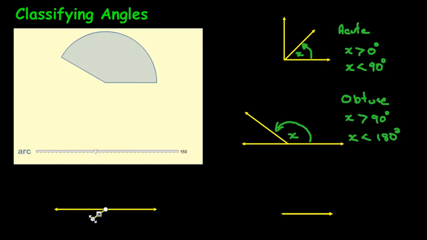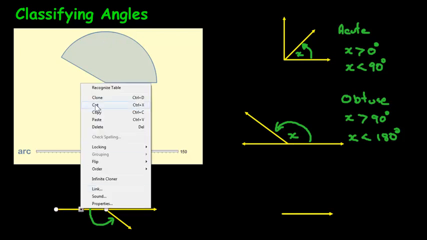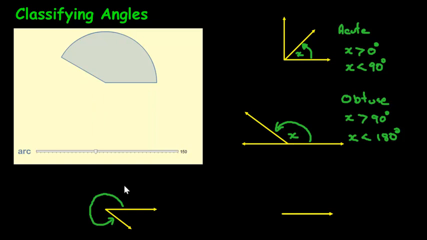So they can't make up a full circle. So if I go to here, for example, I can make up a reflex angle that goes right around here. Like that. There's our reflex angle. So what we might do is we'll get rid of this part of the straight line. So you can see a reflex angle here.